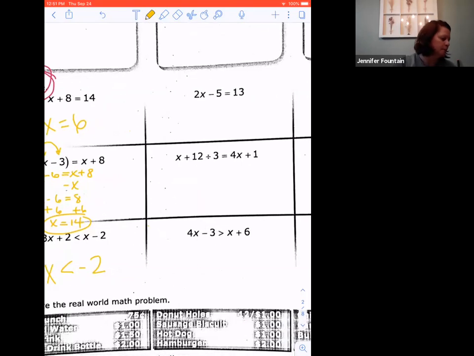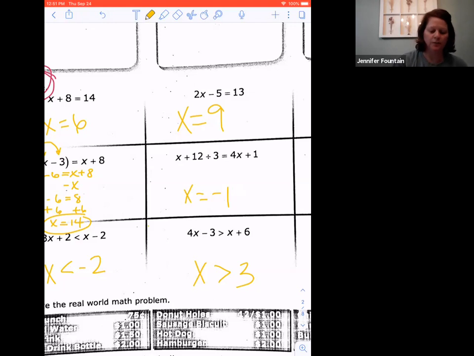In the middle column, x equals 9. X equals -1. And x is greater than 3. Any of those you want me to work out? Is everybody good?